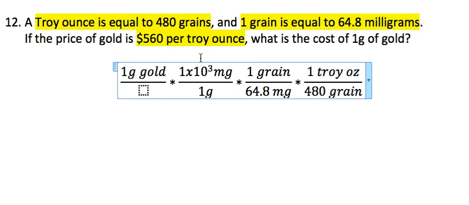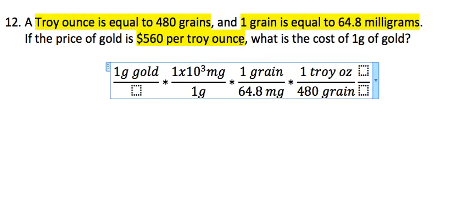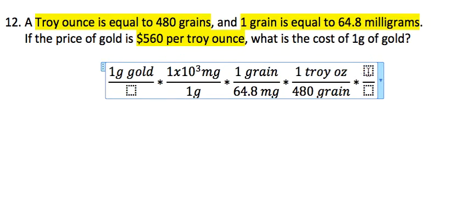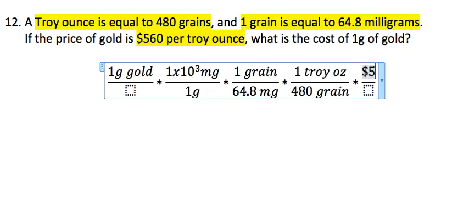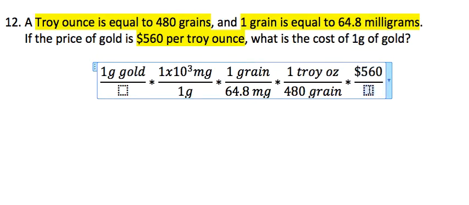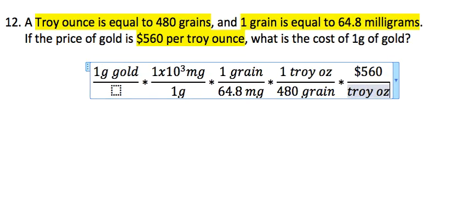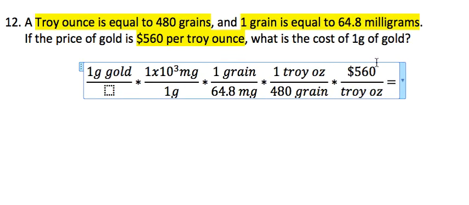Again, look, my grams have crossed out, my milligrams have crossed out, my grains have crossed out, and now I'm in troy ounces. And my last conversion factor here tells me that $560 is 1 troy ounce. So my troy ounce now is going to cross out, and the last unit I'm in is dollars. So I'm going to multiply everything that's on the top and divide it by everything on the bottom.